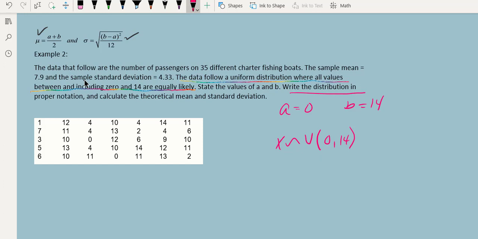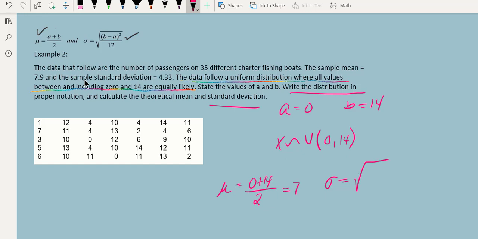So if I want to find the theoretical mean, it says I need to do a plus b divided by 2. So that would be 0 plus 14 divided by 2, which will equal 7. If I wanted to find the theoretical standard deviation, that means I would do b minus a.